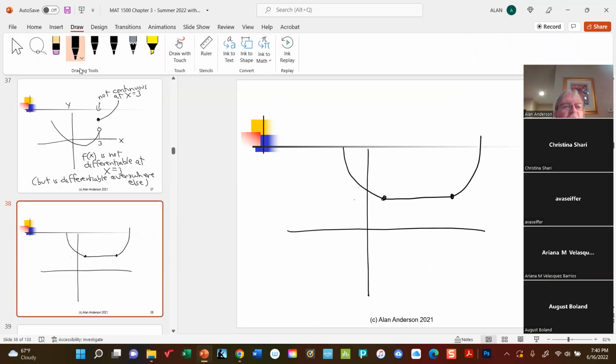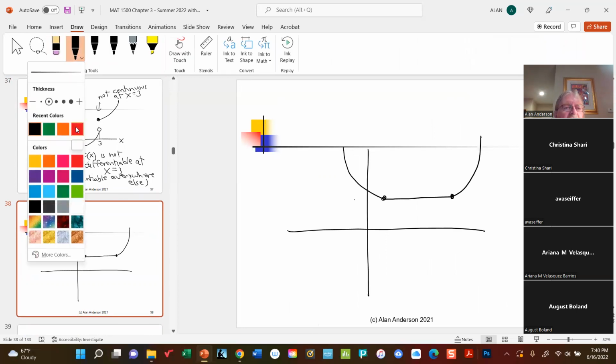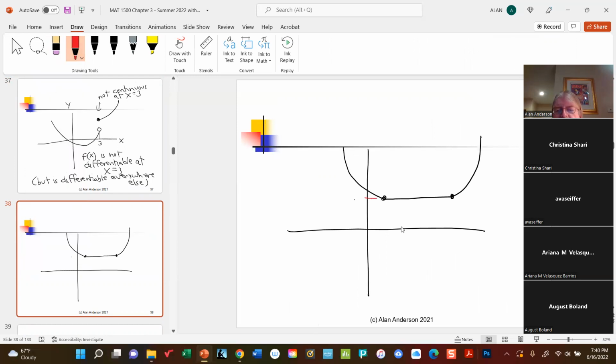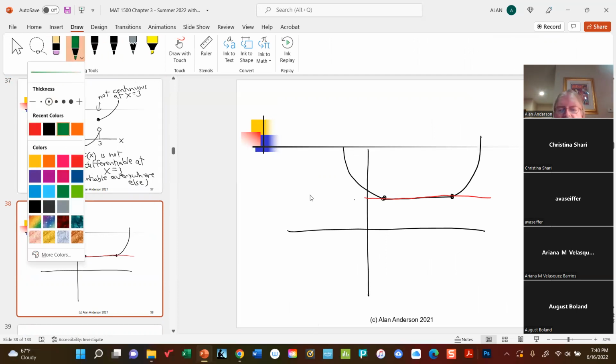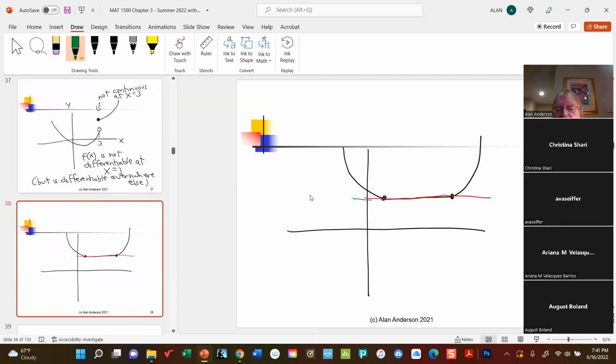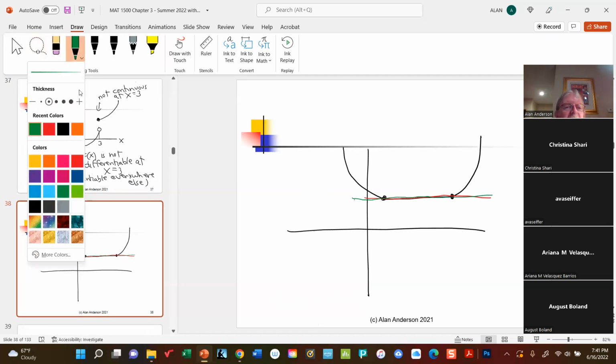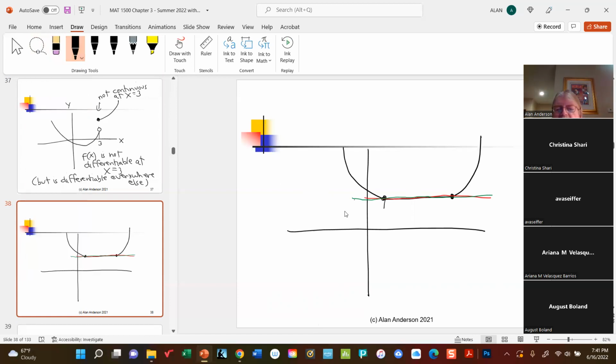There's different tangent lines you could draw through there. Oh, like this one. And this one. So in other words, it's not considered to be differentiable. Let's say this is the range between A and B.